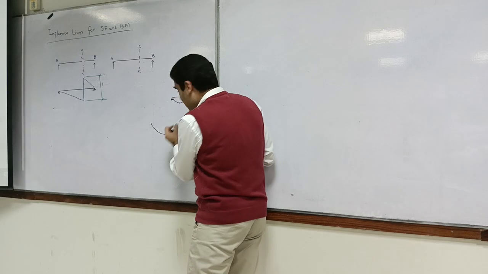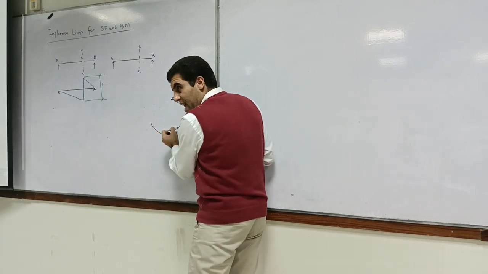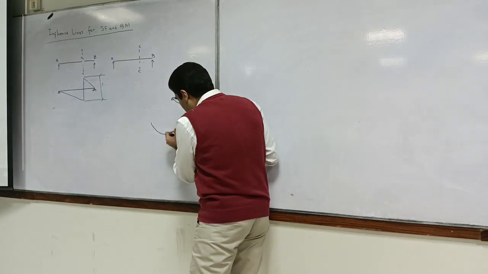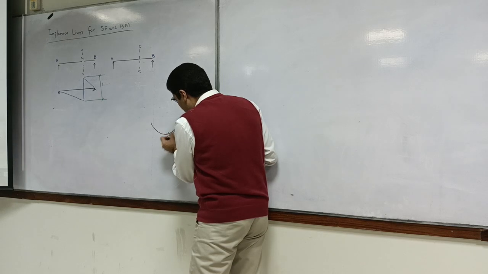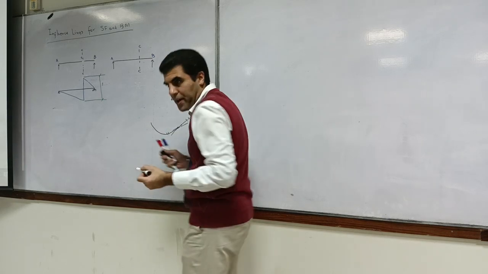This curve has got one equation and this one has got another equation. A kink will come. So then it is possible that this slope and the slope over here would be different.